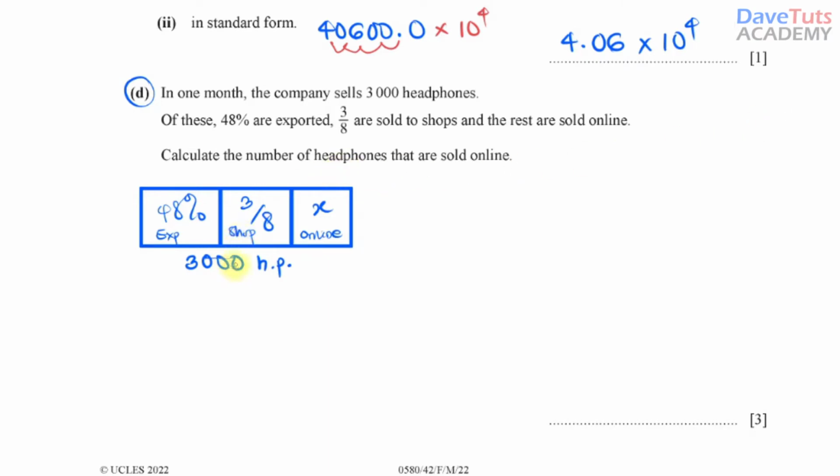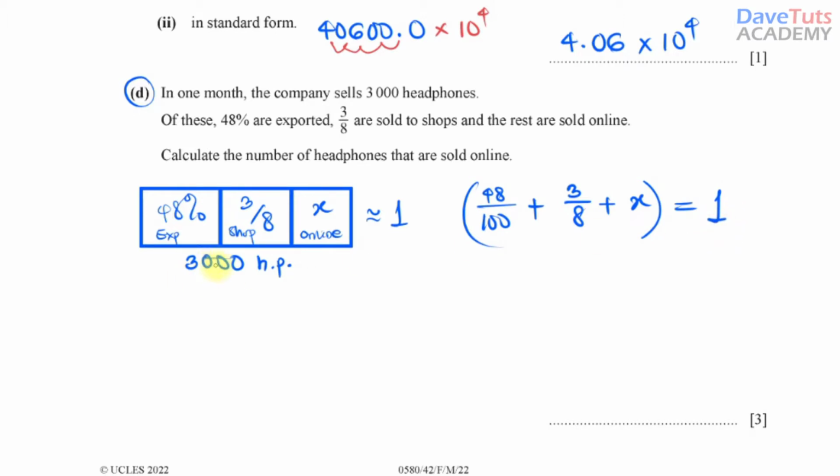For us to get the number of headphones sold online, let's take this as a whole fraction, a 1 as a whole entity, which is actually 3,000. To get X, we see that 48%, which is 48/100, plus 3/8 plus X, all add up to the unitary value of these sales, which I'm taking as 1.